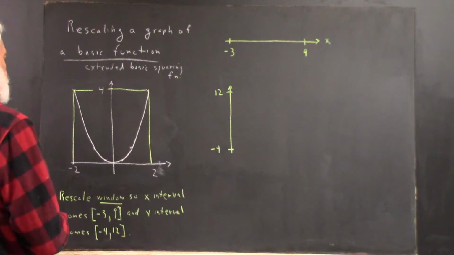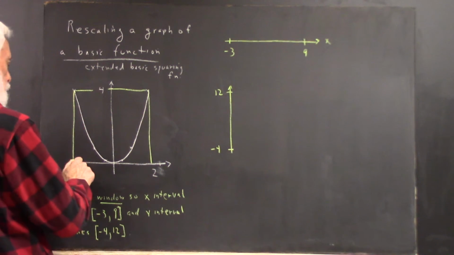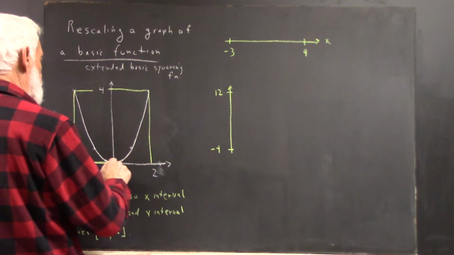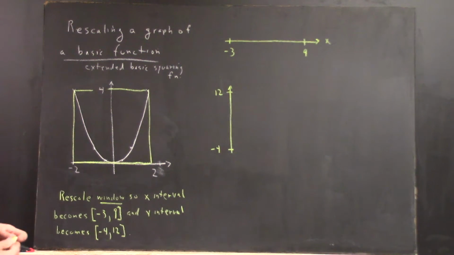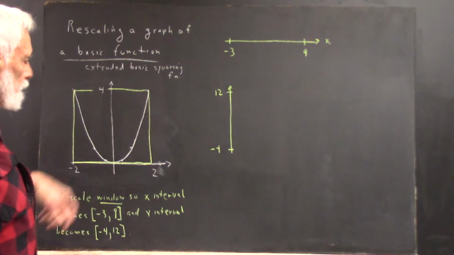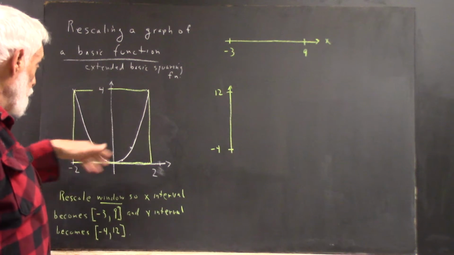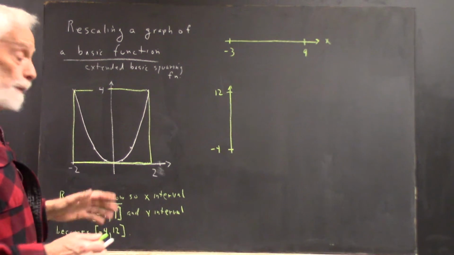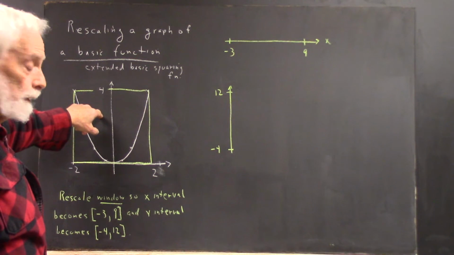It looks like my graph isn't exactly symmetric, but that's okay. I get the idea. The window is a rectangle that spans the domain and the range of the function as graphed, and nothing more. Okay, so here's our window.